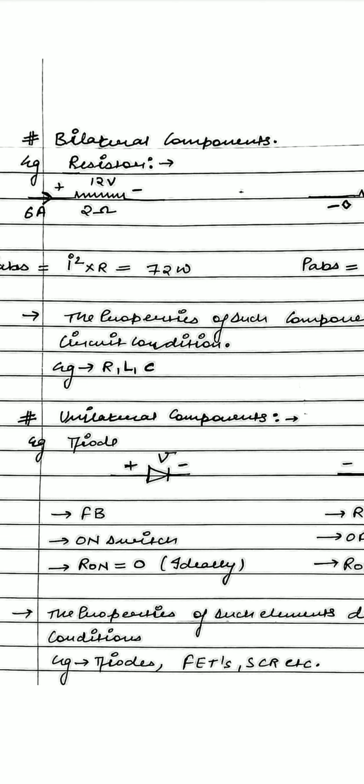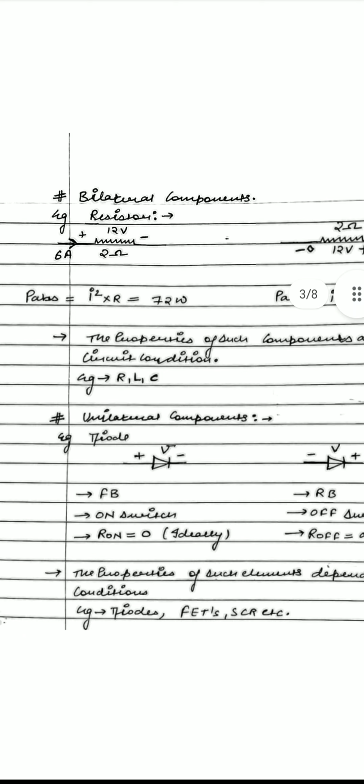Examples are R, L and C. From wherever the current is flowing, the power absorbed is the same. So that's why these components come under the category of bilateral components.